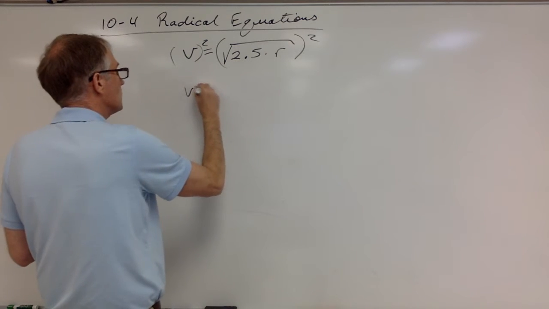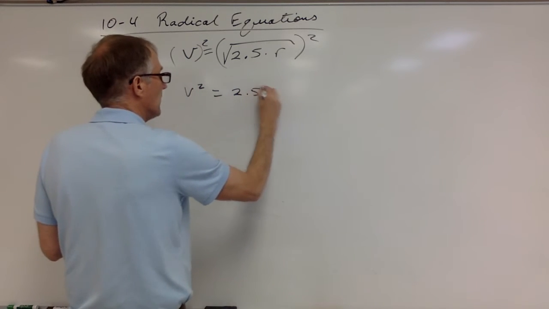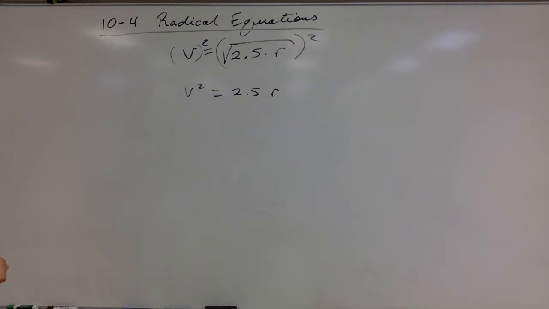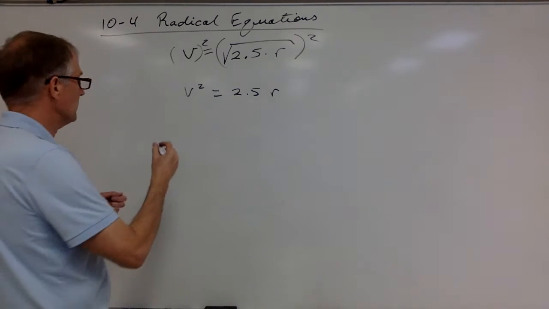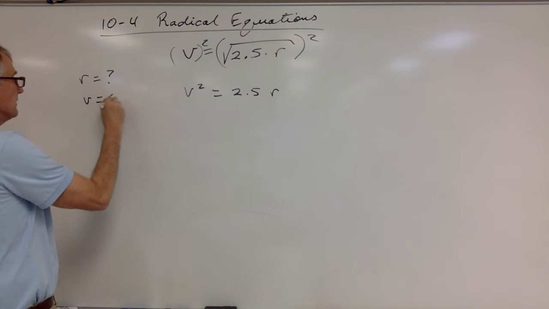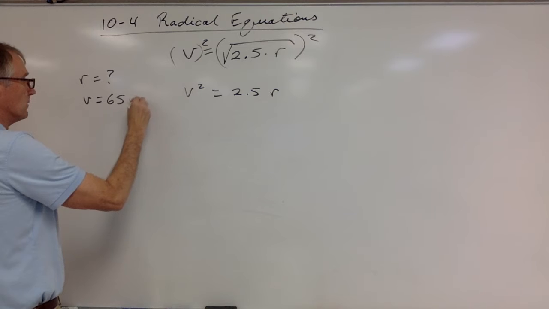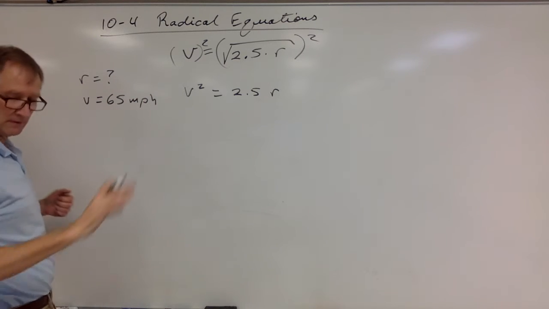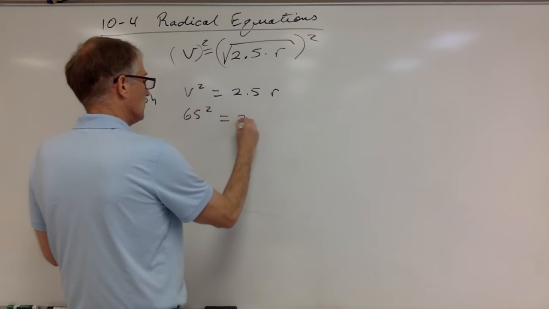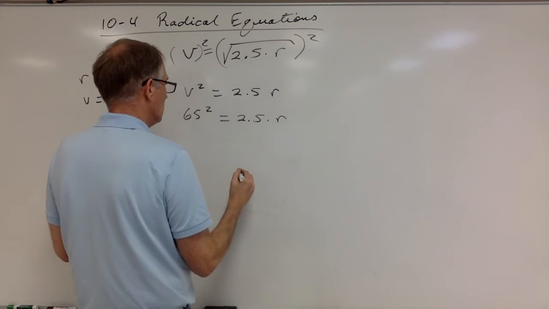So this becomes v squared equals 2.5r. The example in the book is, what's the value of r when v is equal to 65 miles per hour? So I can put in 65 squared equals 2.5r.